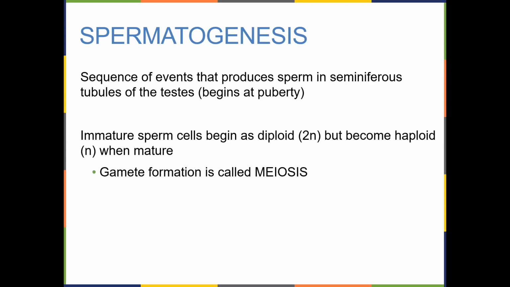The sperm cells start out as diploid cells, but very quickly become haploid cells. A diploid cell has 46 chromosomes, 23 pairs. A haploid cell only has 23 chromosomes. So we call it haploid because the sperm cell has to have half the number of chromosomes, just like the egg. The female egg will have 23 chromosomes. The male sperm will have 23 chromosomes.